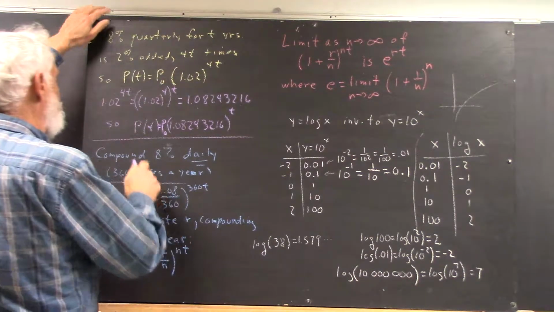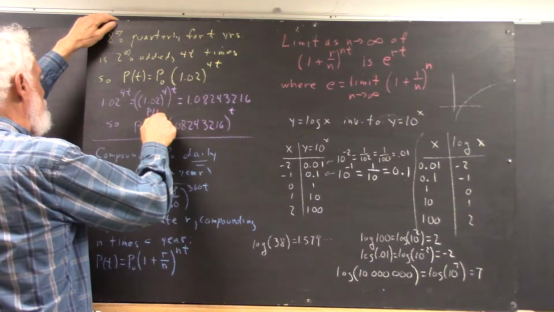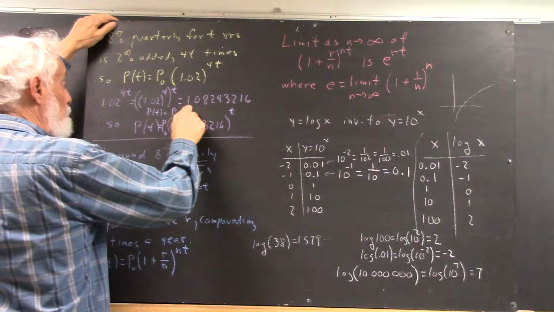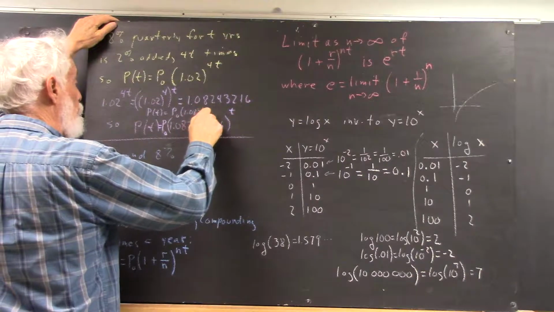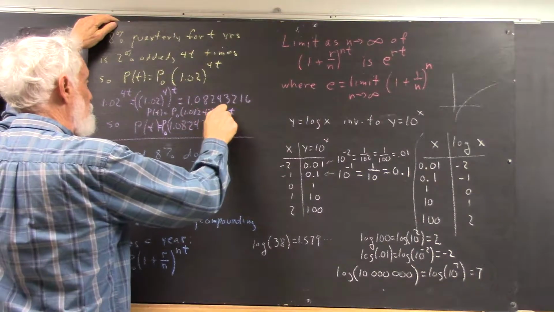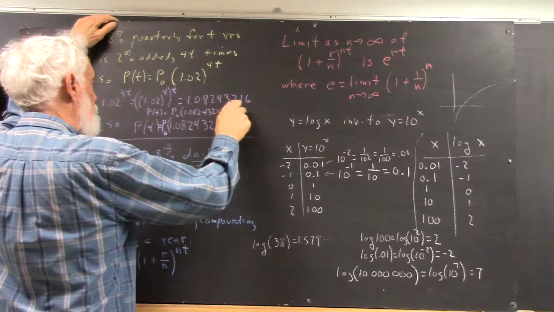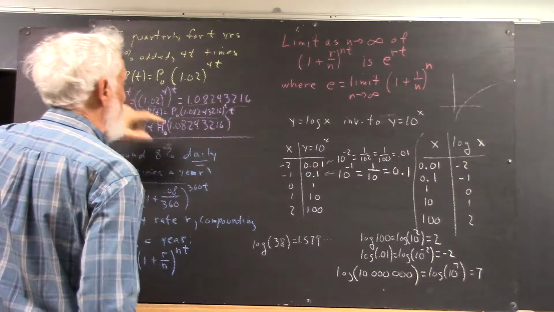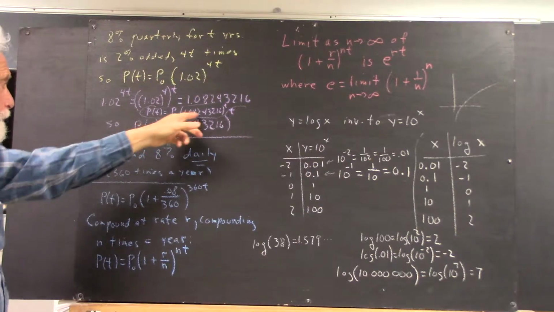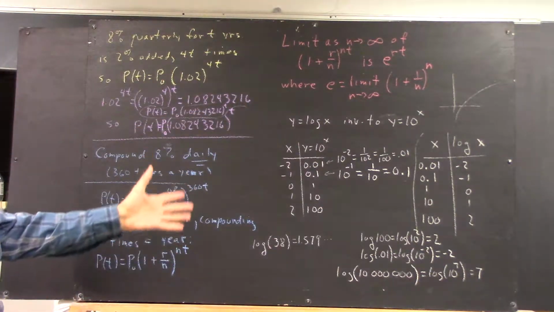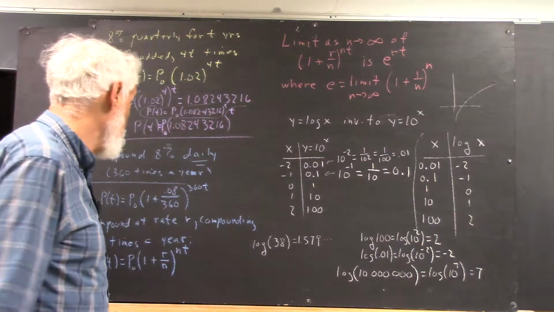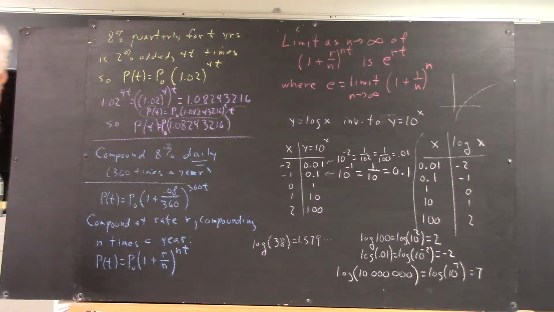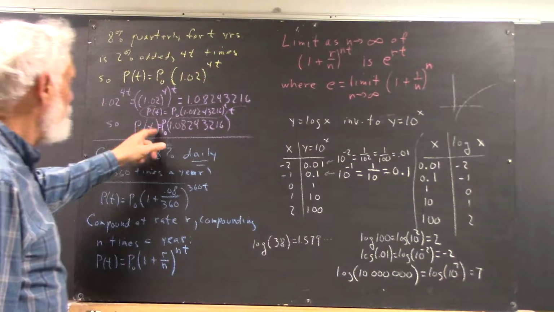So I'll rewrite it here: P of T equals P sub 0, P naught, times 1.08243216 raised to the T. I wrote that pretty small, and people sitting in the back of the room wouldn't be able to read that, but there's nobody in the back of the room right now. That was an hour ago. With your resolution, I think you can read that. If not, you see it here.